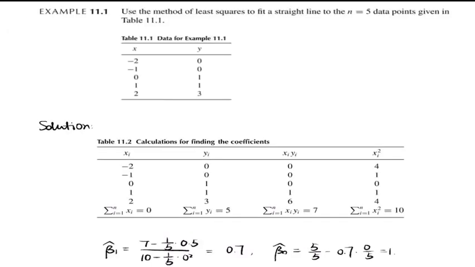For instance, we got 0.7 here and 1 here. How are we so sure that the result that we got here is optimal? The only way to tell is to investigate the property of a least square estimate.